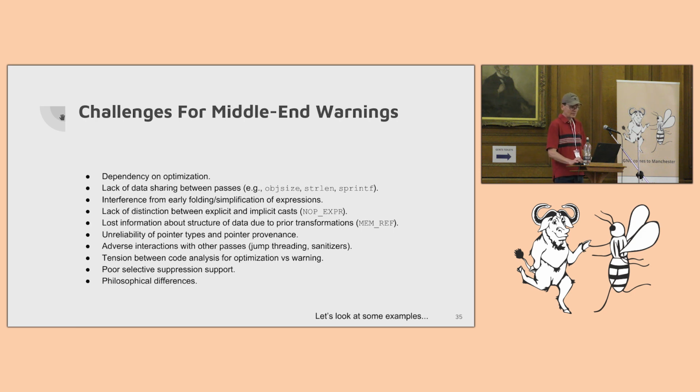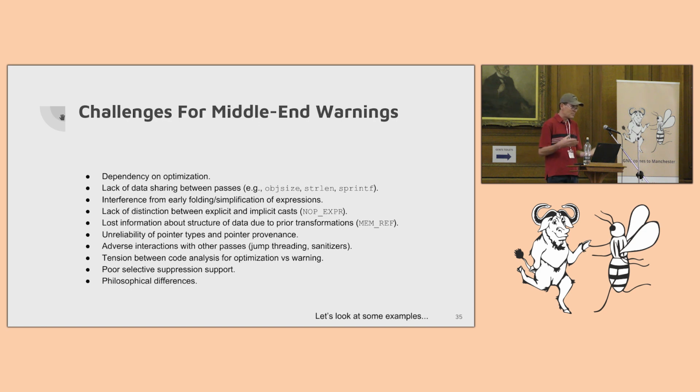Due to design constraints and limitations, there is a lack of distinction in GCC between explicit and implicit casts, which then may be important in some cases in the warnings, but there is no way to get at that distinction because it doesn't exist. It's not preserved in the middle end. There's also information that is lost about the structure of data and data accesses due to prior transformations.